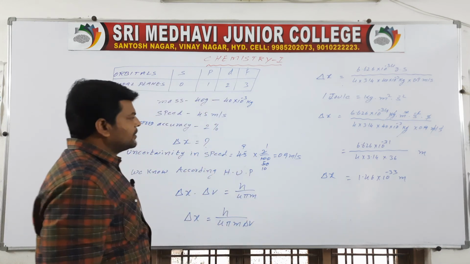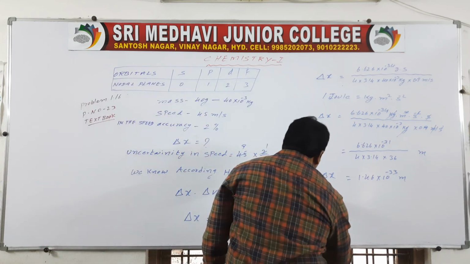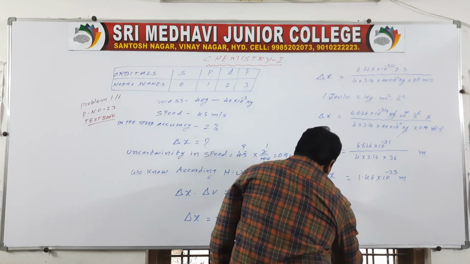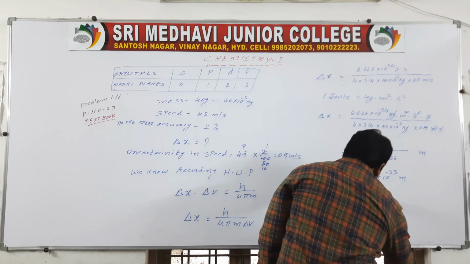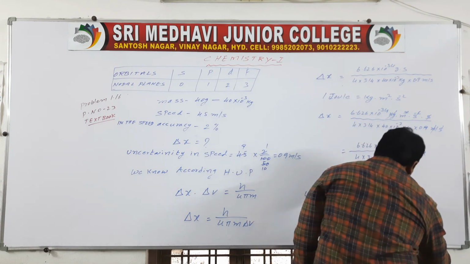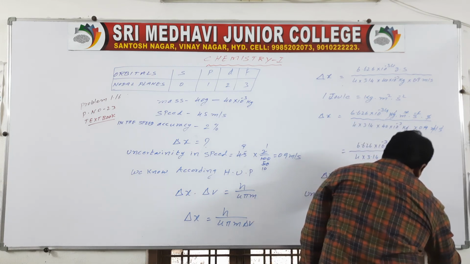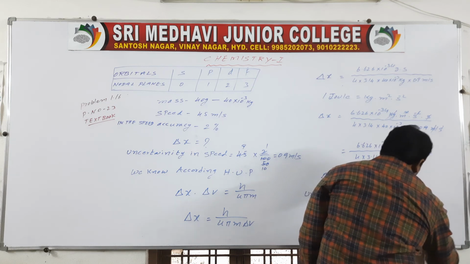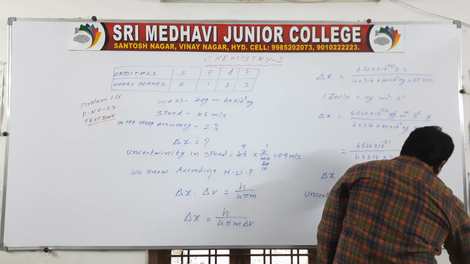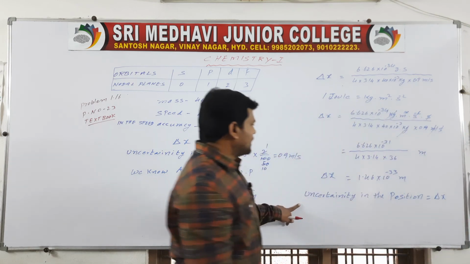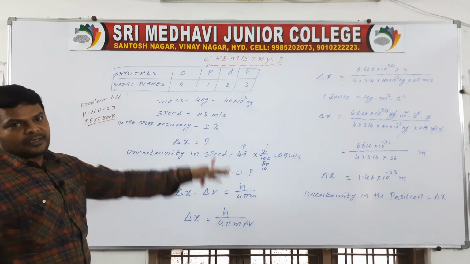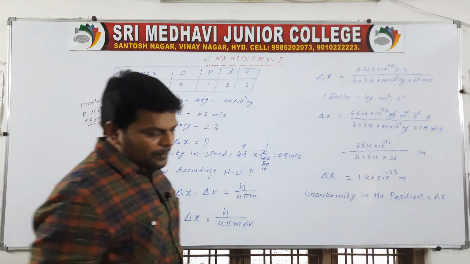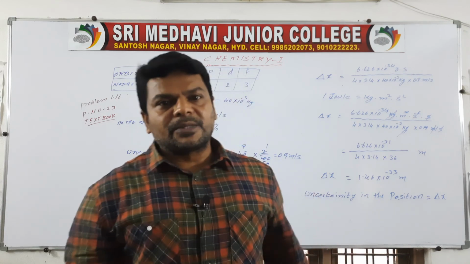Delta x is the uncertainty in the position. This is the way the problem is solved. It is a very important problem. The problem is given in textbook page number 23.